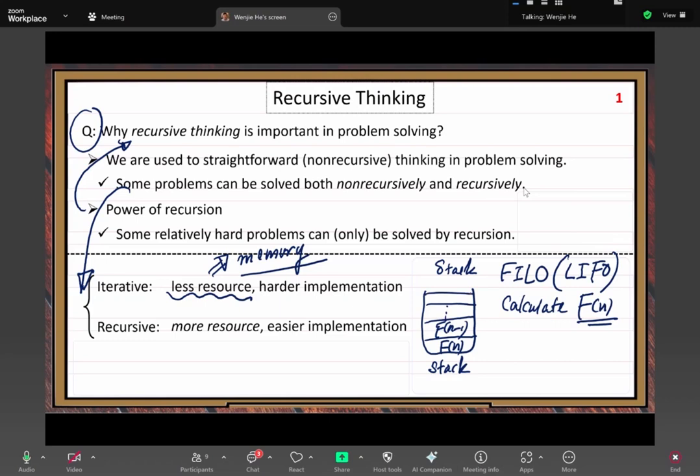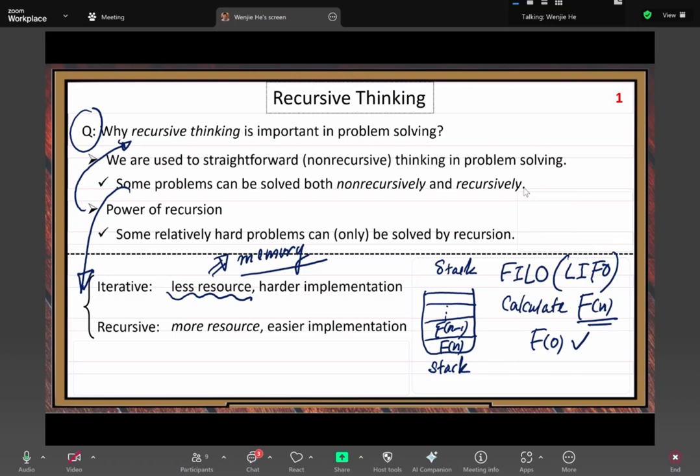Finally, because you cannot do this forever, you reach the base point, because any recursive formula usually provides base cases, like f of 1, f of 0. Here, assume f of 0 must be given. Otherwise, you can never find any value. You have to start from some known value.